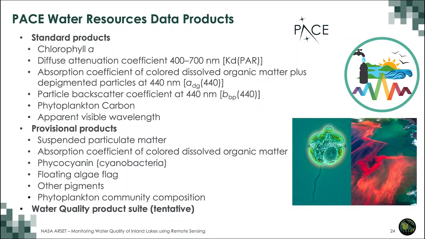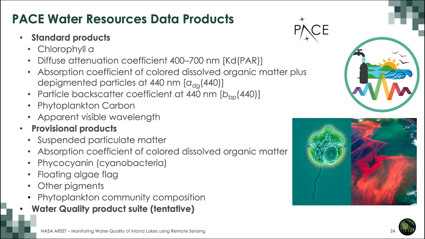So PACE data products are listed here. The standard products will be chlorophyll A, diffuse attenuation coefficient between 400 and 700, absorption coefficient of colored dissolved organic matter plus detrital particles at 440 nanometer, particle backscatter coefficient, phytoplankton carbon, and apparent visible wavelength.